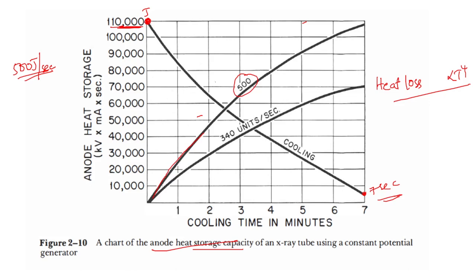Following which, in order to cool this 1,10,000 joules of energy, we need to stop the system for at least 7 minutes.